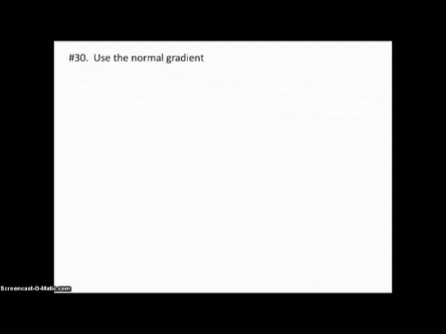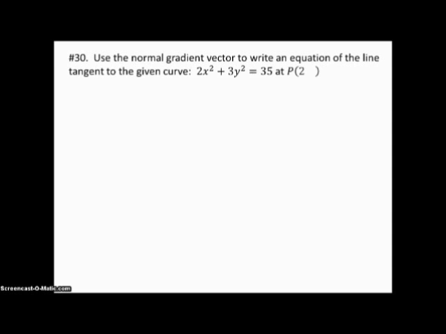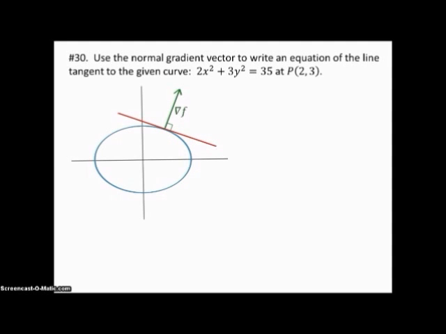Number 30. Use the normal gradient vector to write an equation of the line tangent to the given curve, 2x squared plus 3y squared equals 35 at this particular point. Alright, so here's a picture of the ellipse represented by this function. It's only in two variables there, so it's not a surface.